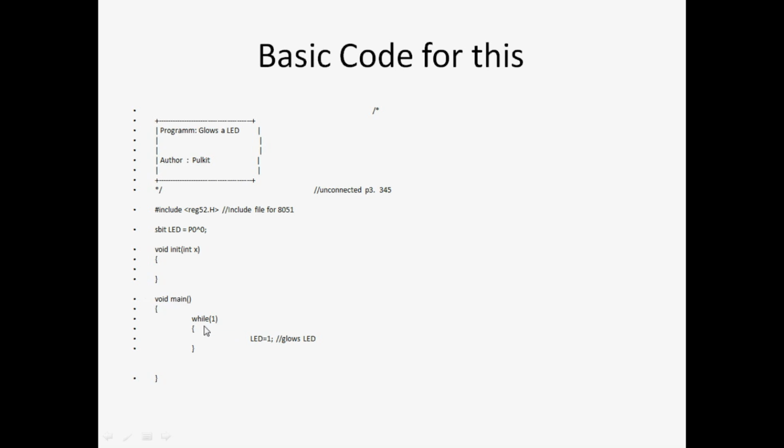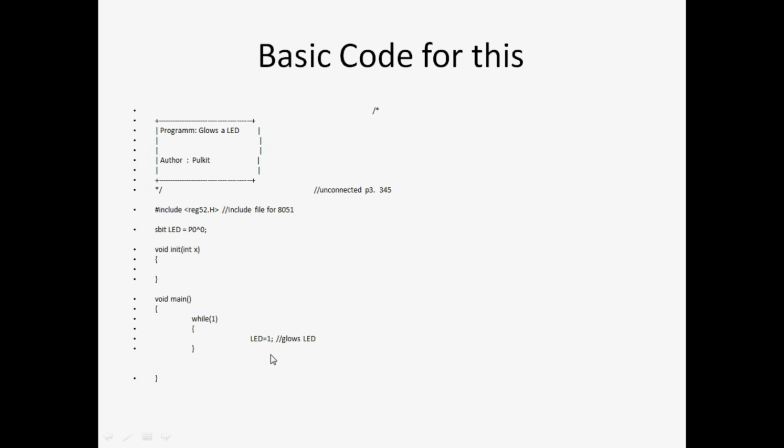After void main I have while(1). This while(1) is used in every embedded program, because in an embedded program we don't have any integer value to be returned to the operating system, because an embedded system doesn't have any operating system. So while(1) is used so that our code can execute again and again in a cycle.